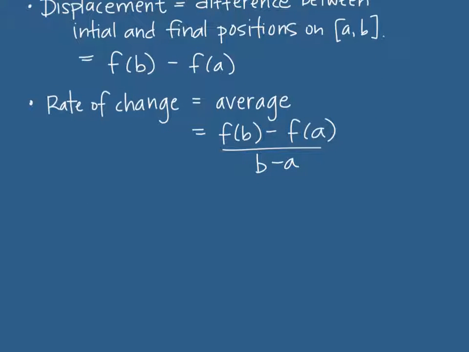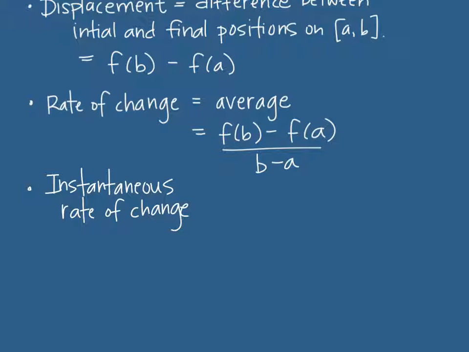Then you get to the instantaneous rate of change. The instantaneous rate of change is the same thing as the velocity. We talked about that yesterday. Velocity is speed plus direction.